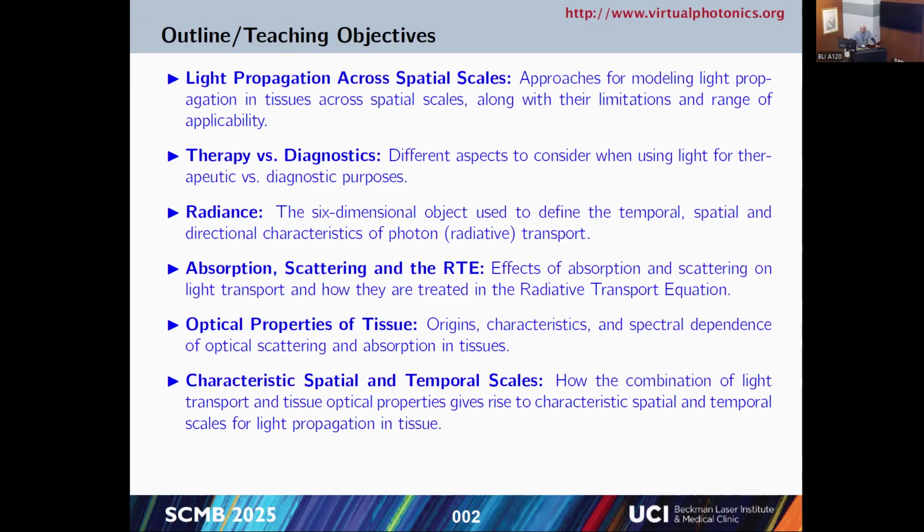And if we want to gain some insight and understand how light interacts with tissue across these spatial scales within a given domain, you may have to consider different approaches to modeling light propagation across those scales. So if we think about multi-scale biophotonics going from the sub-micron scale to the centimeter spatial scales, what are the approaches one might need to consider when modeling that light propagation?